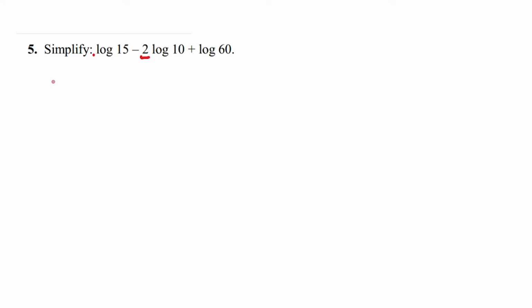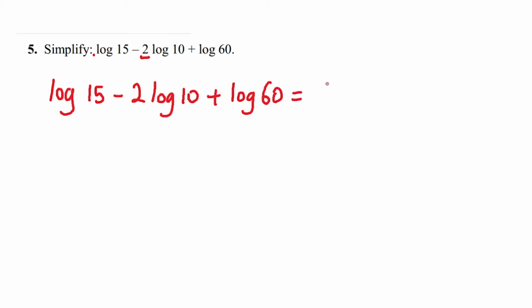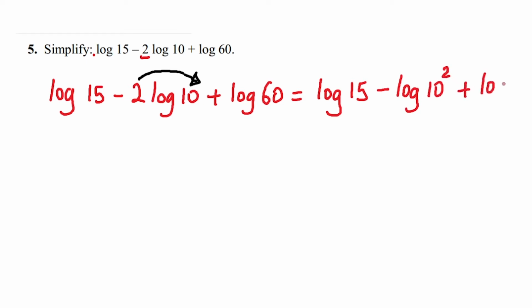So log 15 minus 2 log of 10 plus logarithm of 60 is equal to log of 15 minus, now from the laws of logarithms, we can shift this 2 and bring it up there. So this is going to be minus the log of 10 to the power 2 plus log of 60.